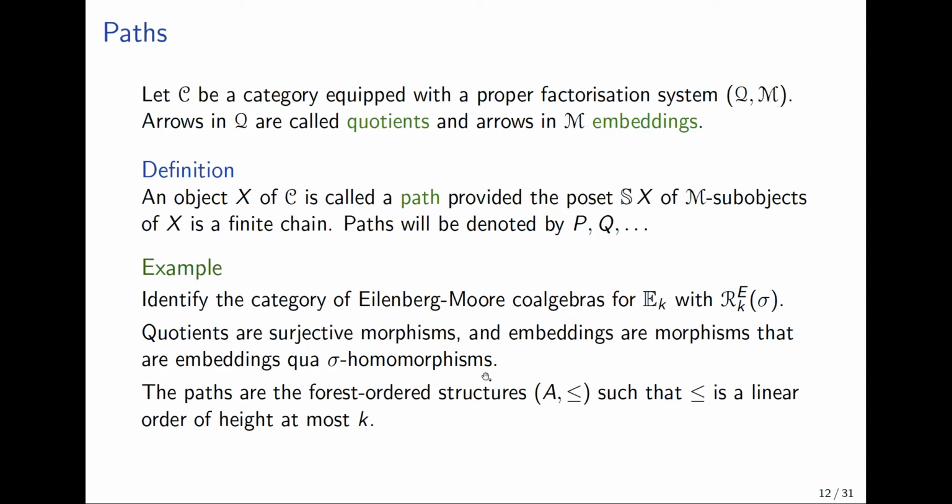Then with respect to this factorization system, it turns out that the paths are precisely those objects in which the forest order is a linear order of height at most k. You could do the same thing by taking sigma to be the empty relational signature. So you're just talking about essentially forests of height at most k, and then the paths would be chains with at most k elements.